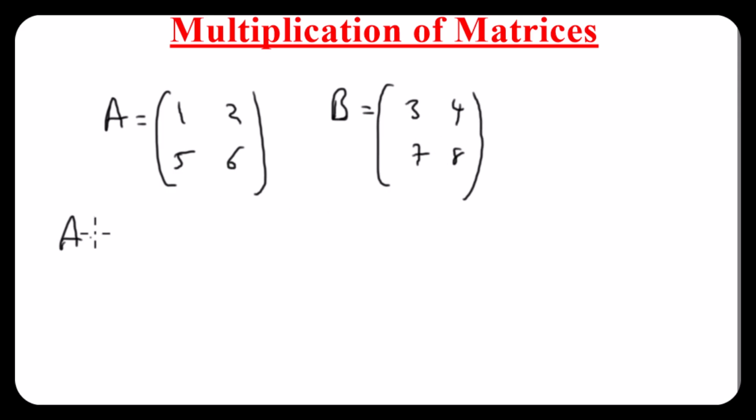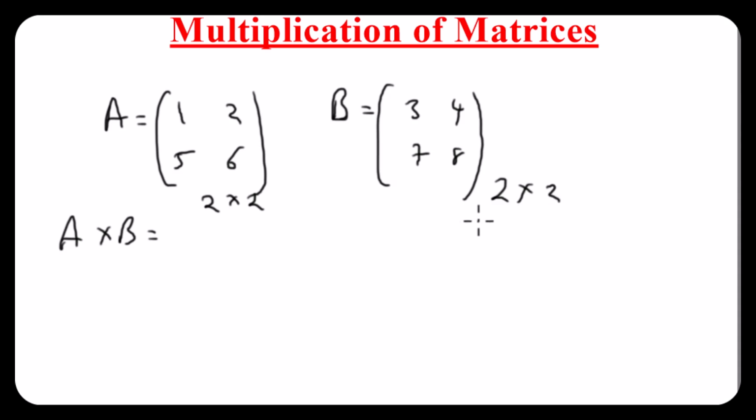Now, before I can find A times B, I must make sure they are compatible first. That is, the column of the first matrix A must be equal to the row in the second matrix B. Now, what's the order of these matrices? The order of this matrix is a 2 by 2 matrix, while this is also a 2 by 2 matrix.